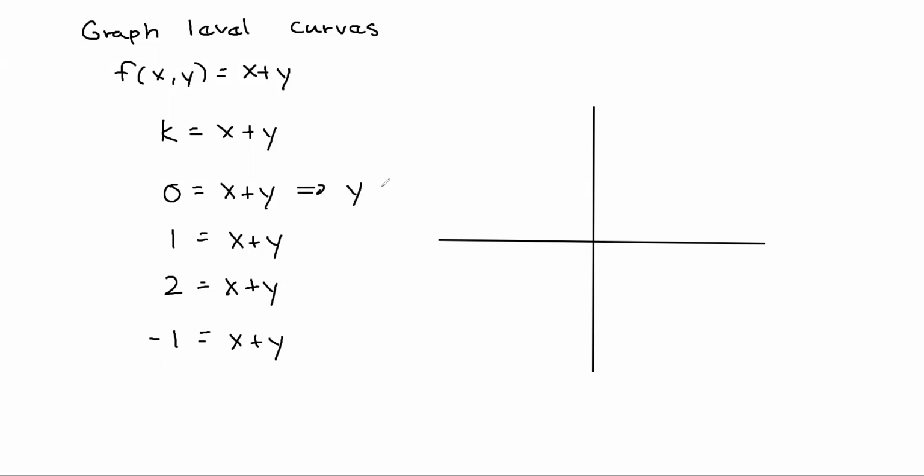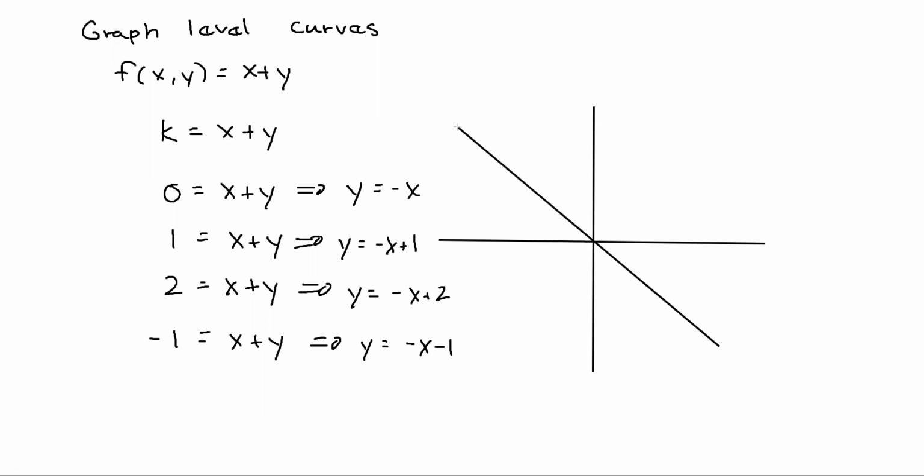So we could translate this into y equals negative x. This translates into y equals negative x plus 1. Here we've got y equals negative x plus 2. And here we've got y equals negative x minus 1. And so y equals negative x is going to be the line that goes through the origin and has a negative 1 slope. So that would be this line.